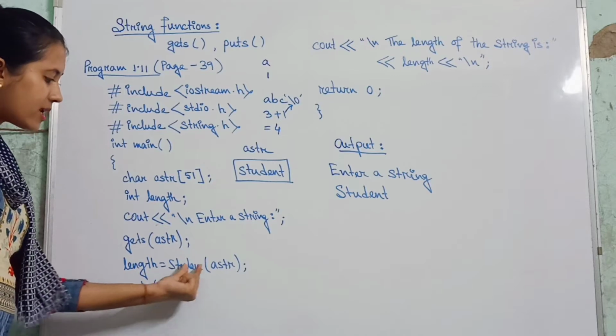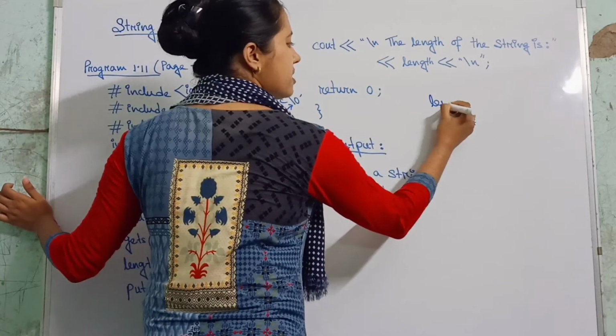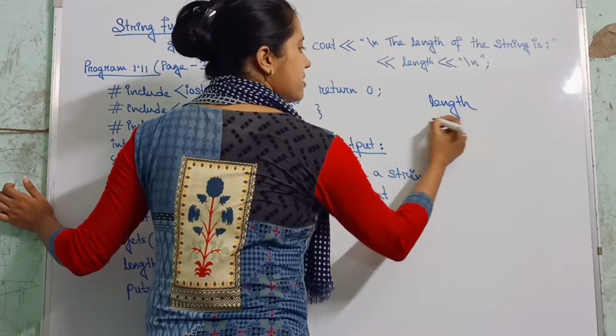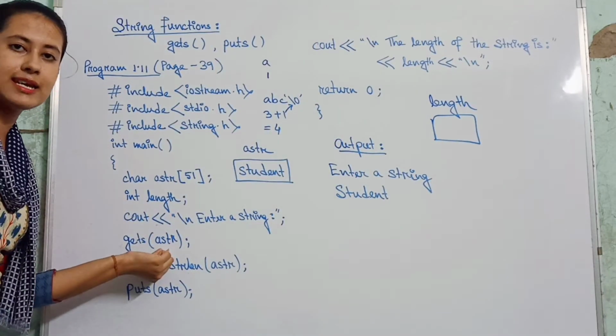Now length equals strlen(astr). What will the length variable store? It will store the size of astr.